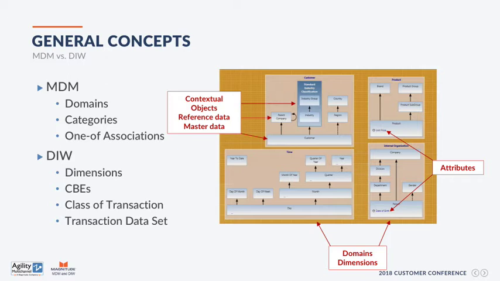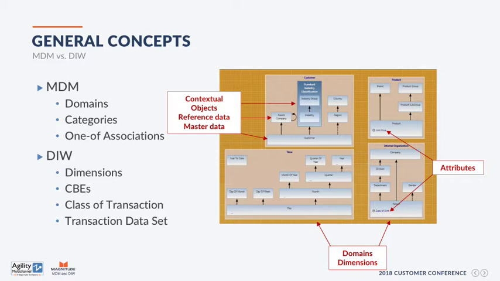So for example, a domain and a dimension are similar concepts and are visualized similarly in BIM, the Business Information Modeler. So those tan boxes of customer, product, time, and internal organization, if this is an MDM model, those things are domains. If this were a DIW model, they would be dimensions.